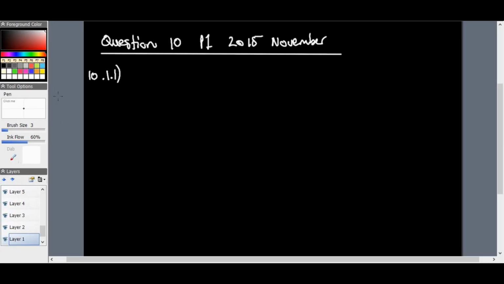Alright, so grade 11, the first question was state Faraday's law in words. I'll read it out first before I write it. The EMF induced in a conductor is proportional to the rate at which magnetic field lines are cut by a conductor.